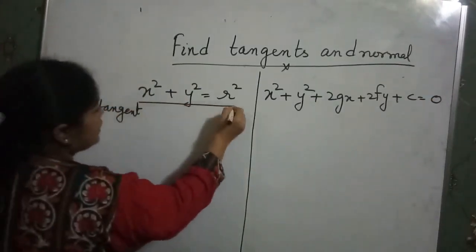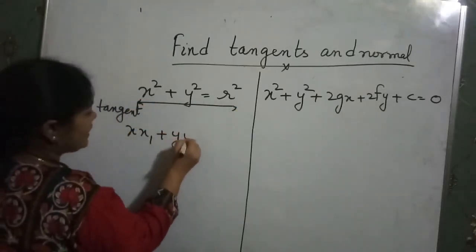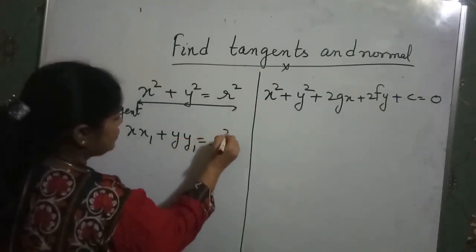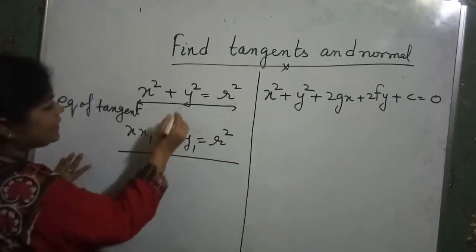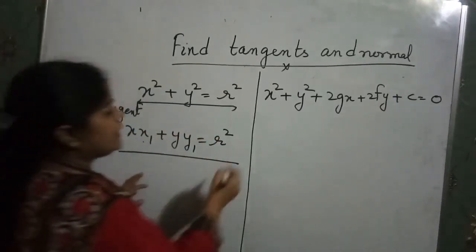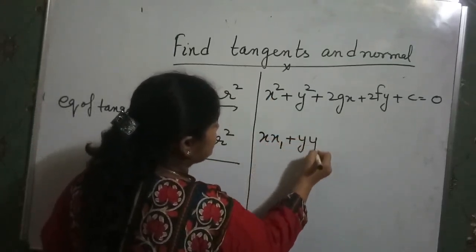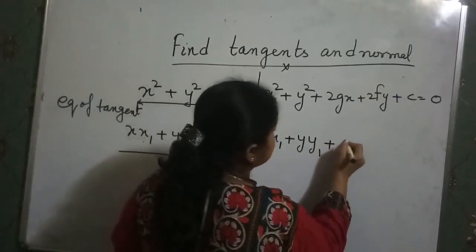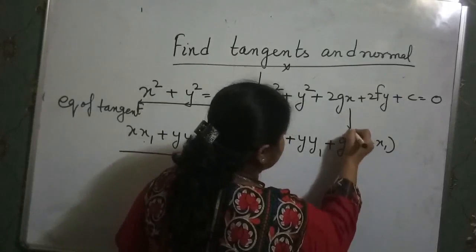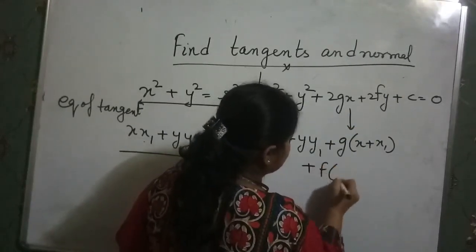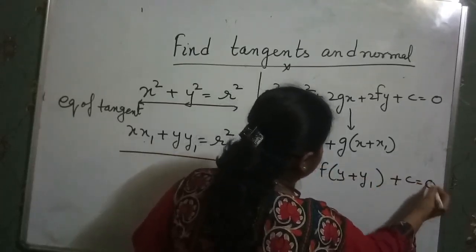For this, the equation of tangent is x x1 plus y y1 is equal to r square. Just learn it. And here we have x x1 plus y y1 plus g (x plus x1), note it down, plus f (y plus y1) plus c is equal to 0.